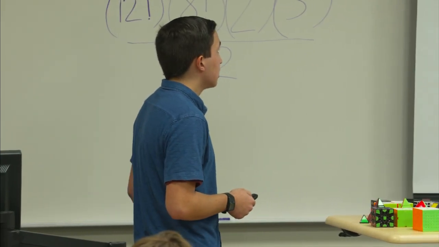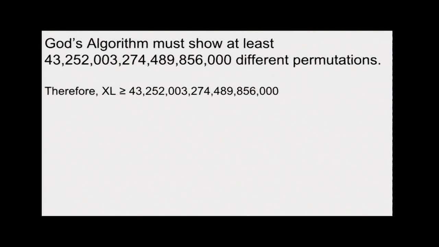So if we're going by the same thing that X is the order and L is the length, then XL must be equal to or greater than 43 quintillion, because that's how many different permutations this algorithm is going to show.